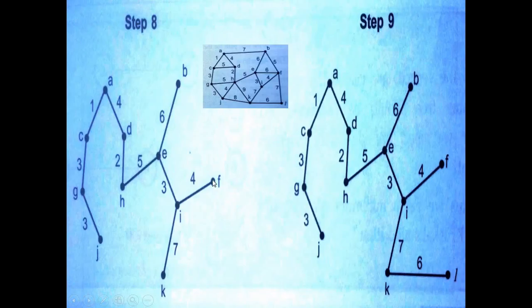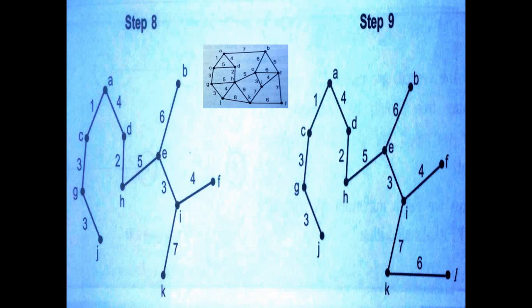In step 8, we will connect F with 4 weight. We will connect I to K with the 7 weight, and in the last we will connect our 12th node, which is L, with the 6 weight. So this is a solution using Prim's algorithm.